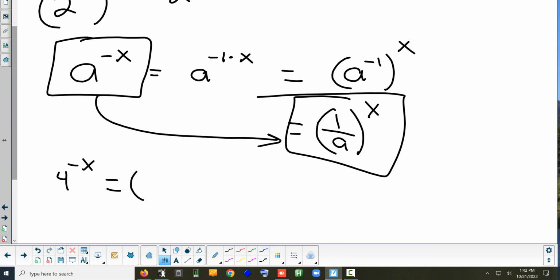Parentheses 1 over 4 and parentheses and then x. So 1 over 4 to the x. So this negative basically tells you to take your base and flip it and leave the x on the outside, but now it becomes positive. So that's a trick we can use anytime we have a negative in the exponent and we don't want it. We'll just flip the base and that takes care of the negative.